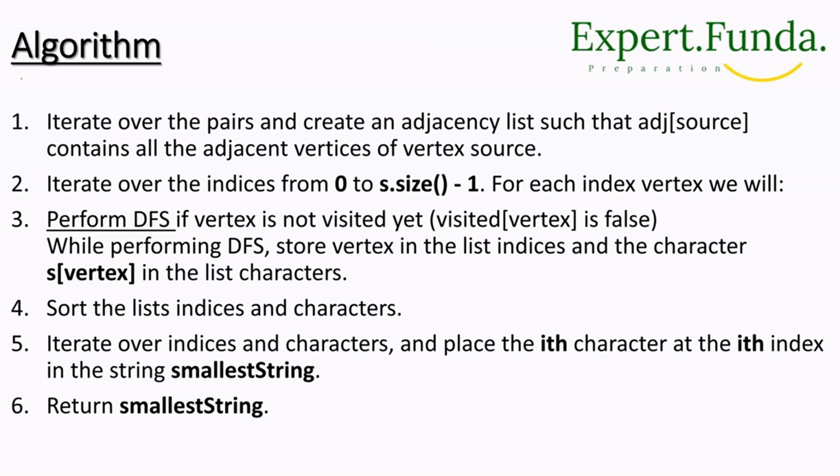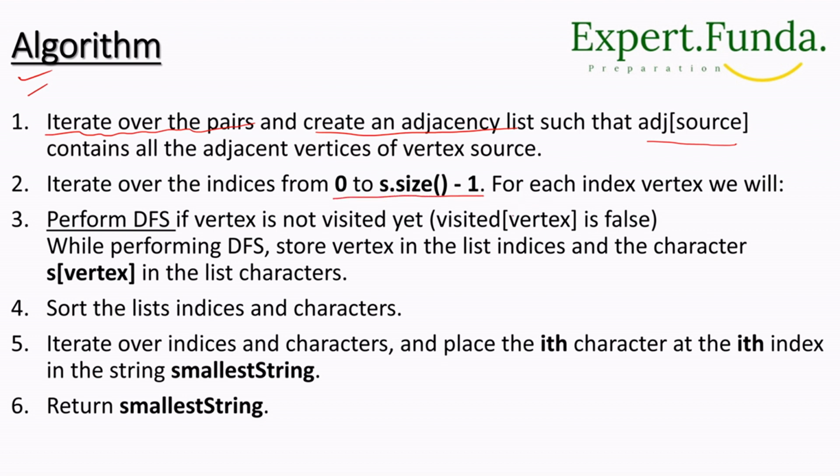If I represent this in the algorithm, we will iterate over the pairs and create an adjacency list in such a way that adjacency at source contains all the adjacent vertices of the source. Then we will iterate over the indices from 0 to size minus 1.